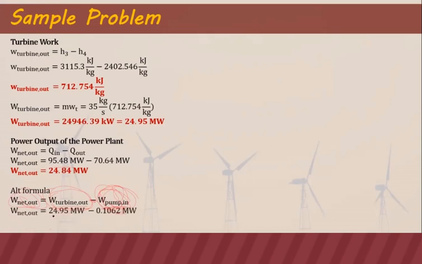And that is 24.95 minus, from our question A, 0.1062 megawatts. So our net output can also be computed using this alternative formula. That's why we have 24.84 megawatts, which is just the same. As you can see here, we can get the power plant output using this formula or this formula. So the power output of this power plant is 24.84 megawatts.